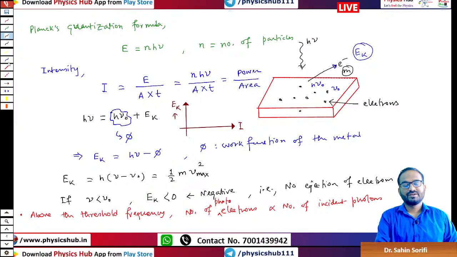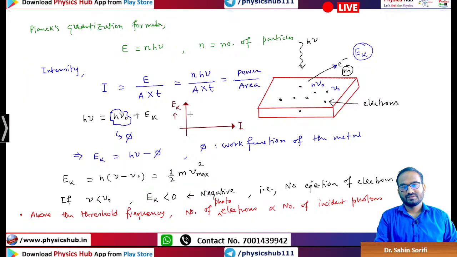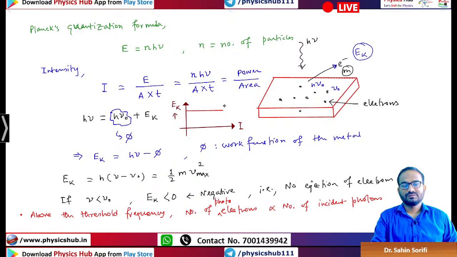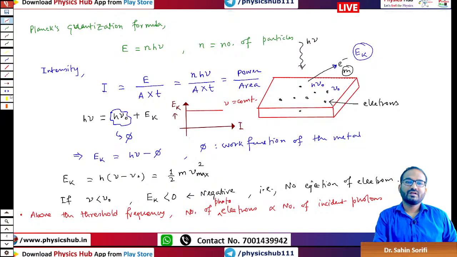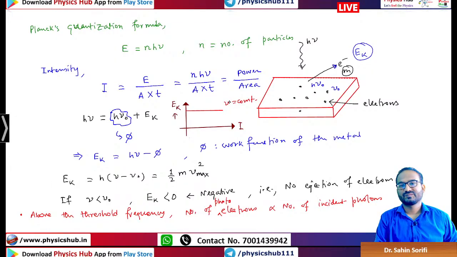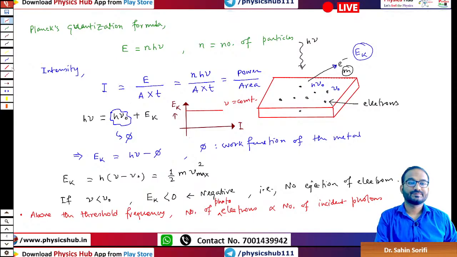Let's say nu is fixed, then you will get a straight line. What does it show? It shows nu is constant. No matter how many particles you send of a particular energy, kinetic energy will not change, because kinetic energy depends only on the incident energy, not on the number of incident photons. That is why it gives you a straight line like this.